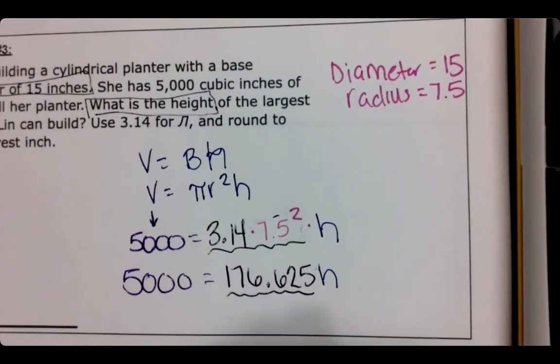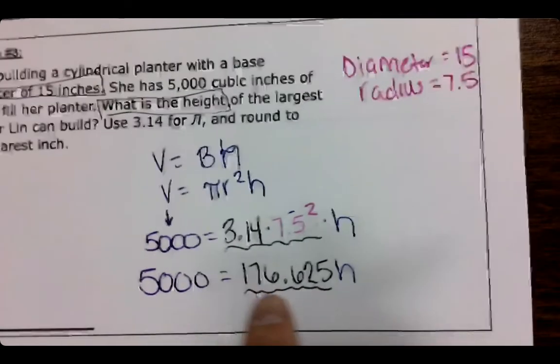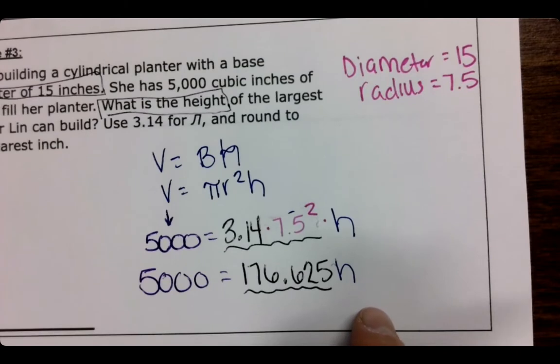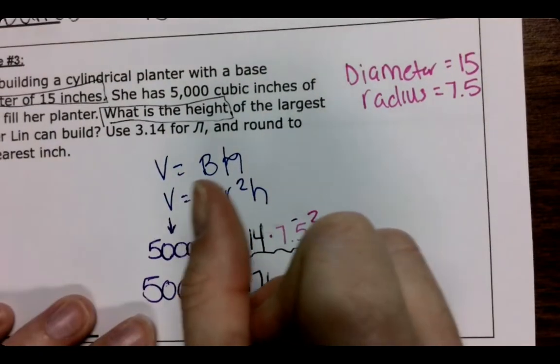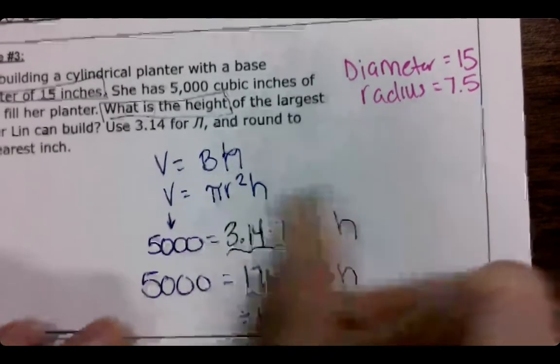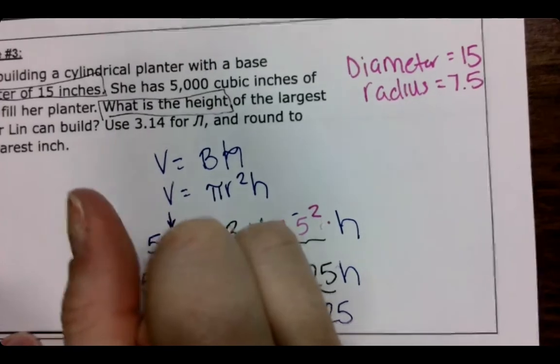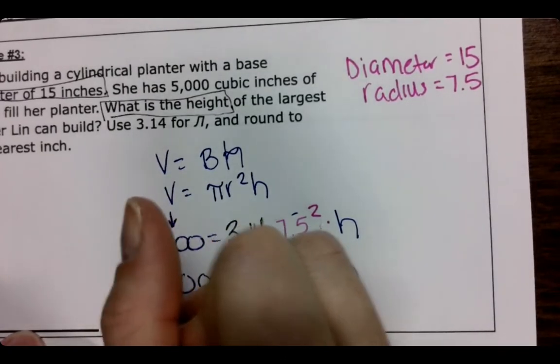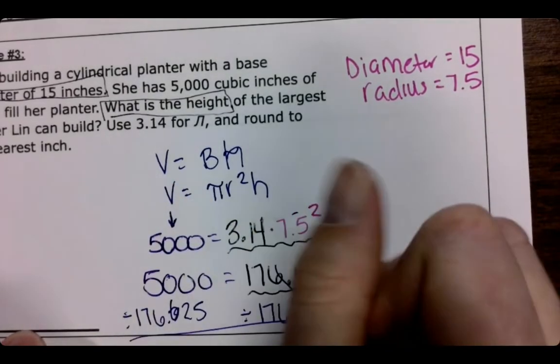So remember how when we solve for a variable, right? The inverse of this multiplication would be what? Division. So let's divide by 176.625 here and here. That goes away, right?